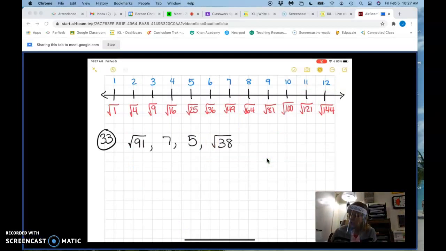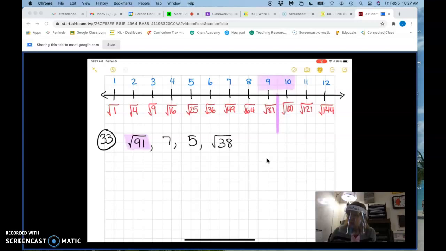But the first thing we have to do is estimate the square roots of 91 and 38 so that I know if they come before or after 5 and 7. So let's look at 91 first. Where would that fall on my number line? That would fall between 9 and 10. Good. That would fall right here between 9 and 10.